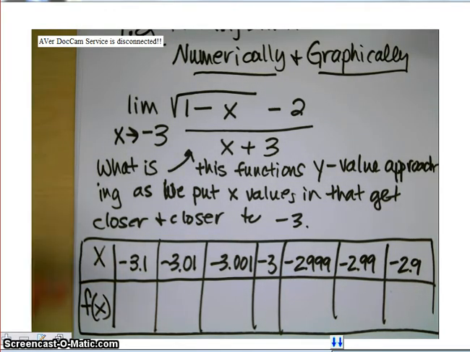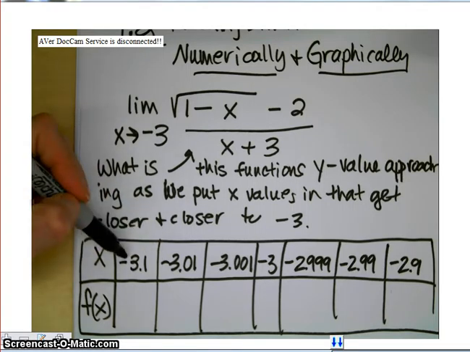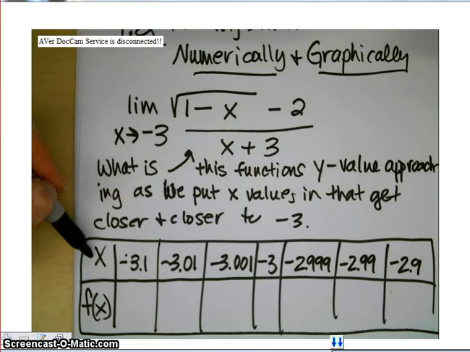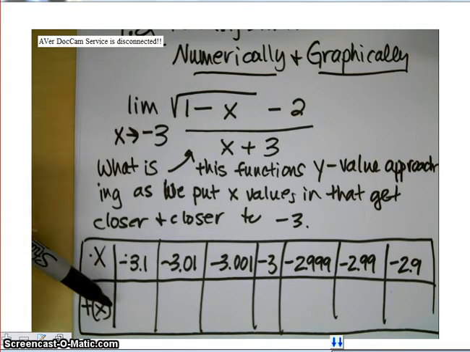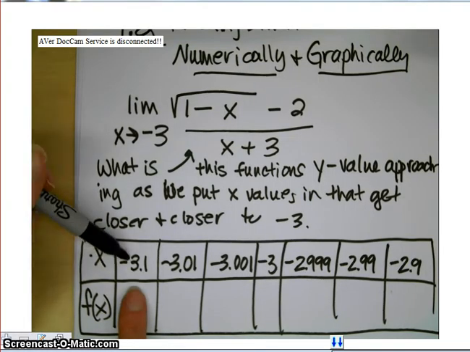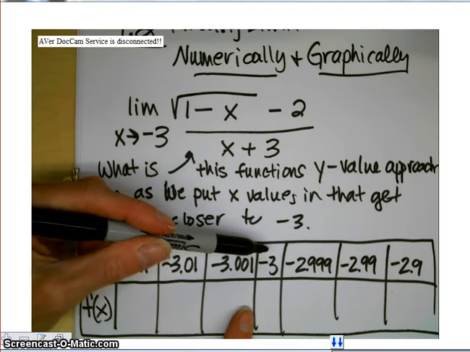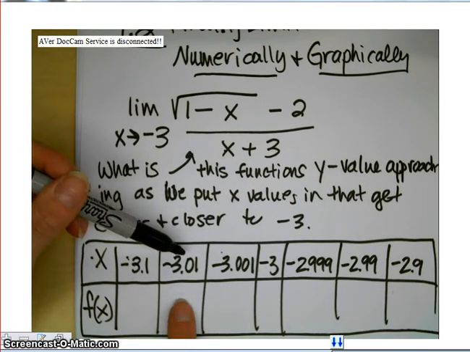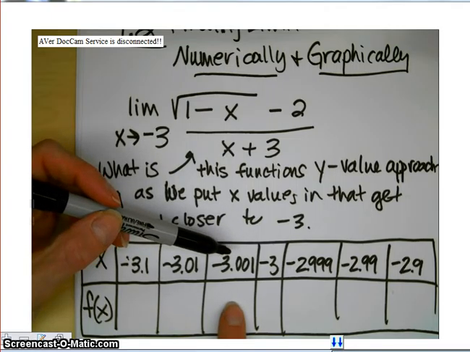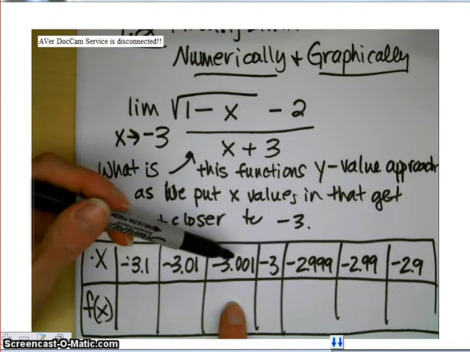So does anyone know what we are supposed to do with this table? Plug in this number for x into here and work it out to get the y. Isn't f of x another way to say y? Okay. Now tell me, are these numbers getting closer to -3? -3.1, -3.01, -3.001, are those all approaching -3?